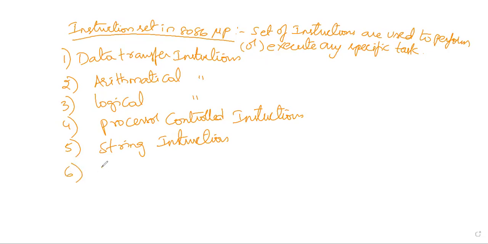Sixth is branch instructions, or program control instructions. So this is the classification of the total instruction set in 8086.